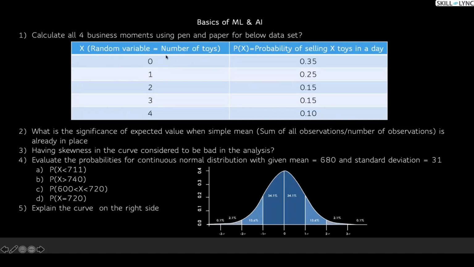That means the probability of getting 0 and 1 is more than 2, 3, and 4, because the expected value is somewhere near 1 and 2, but more towards 1, right? And if you also notice the data, that also tells the same thing. The probability for 0 and 1 is more. So this is the whole point, that this is how you should validate your analysis.